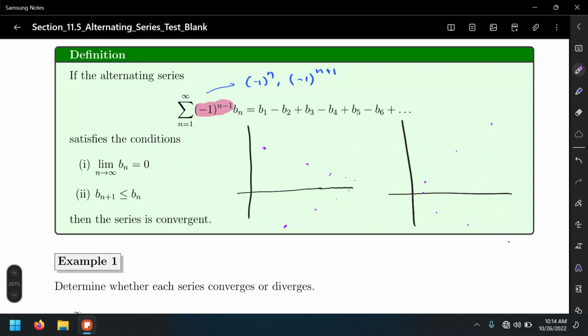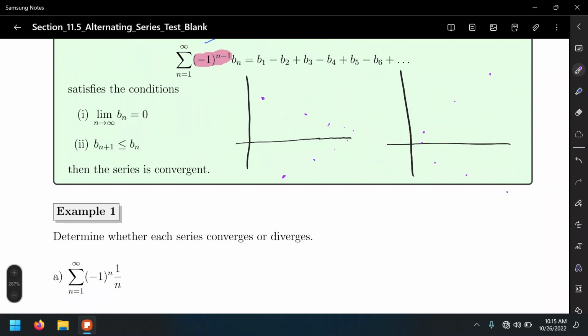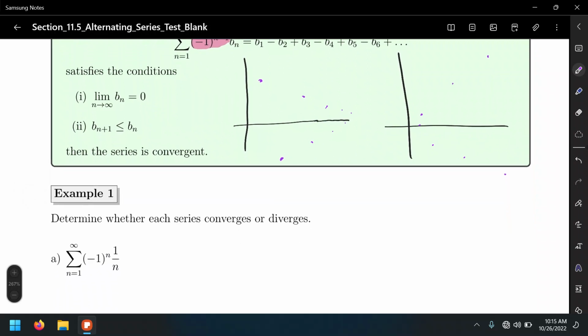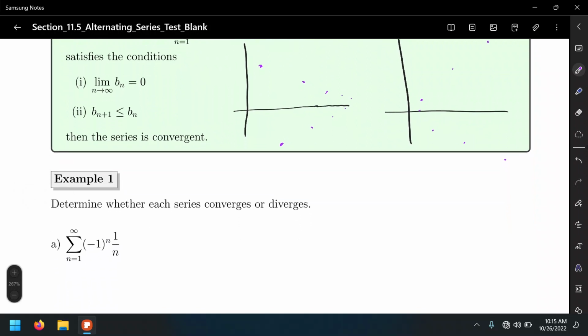It blows up to infinity, in an alternating fashion, but it blows up to either positive or negative. So that's why we want to make sure that the sequence defined by the series is decreasing, to ensure that this converges, in general to 0. It could be something else.